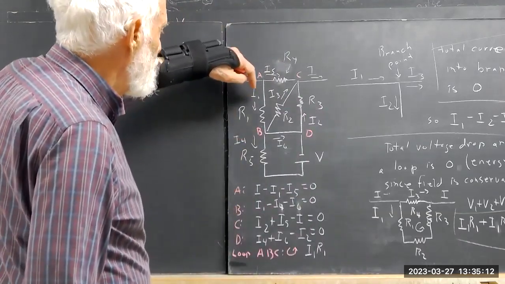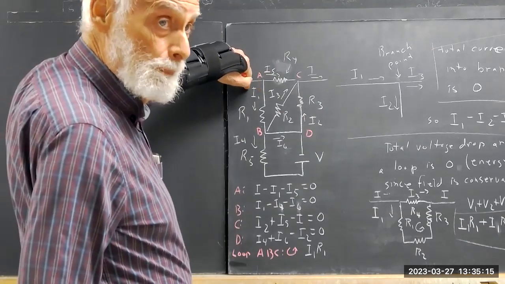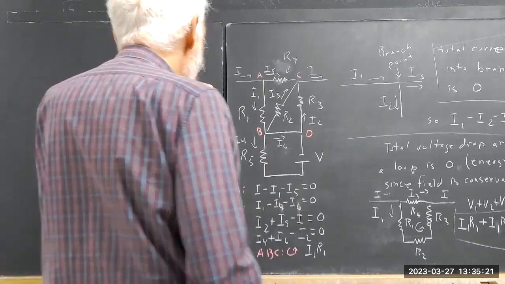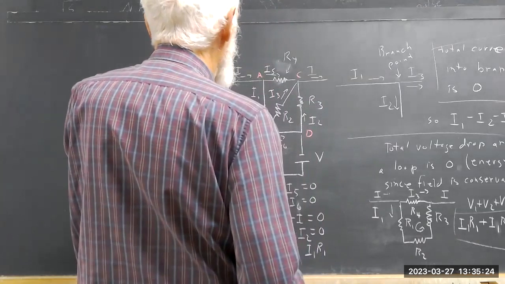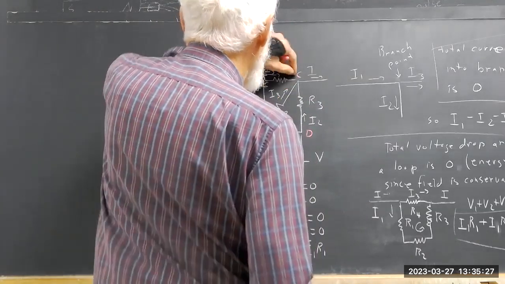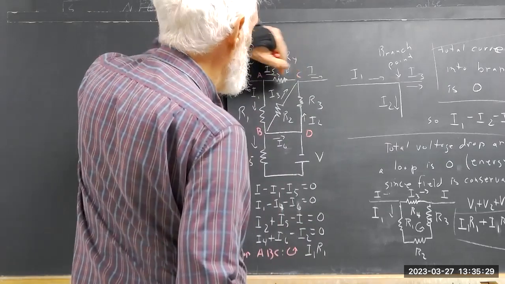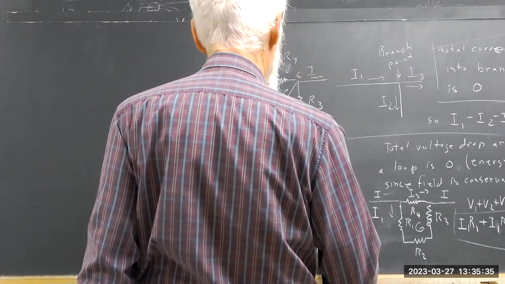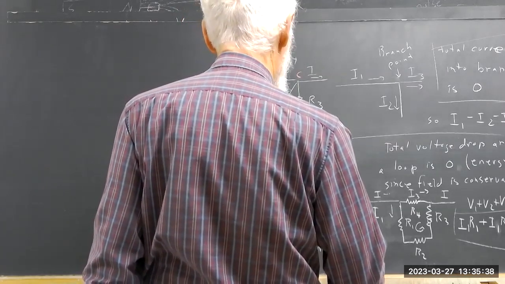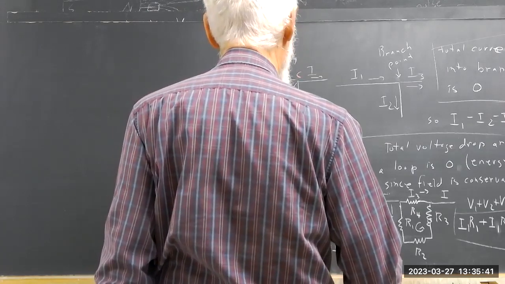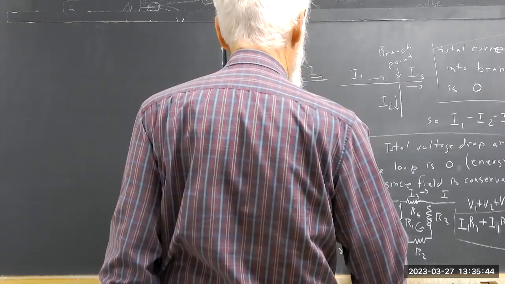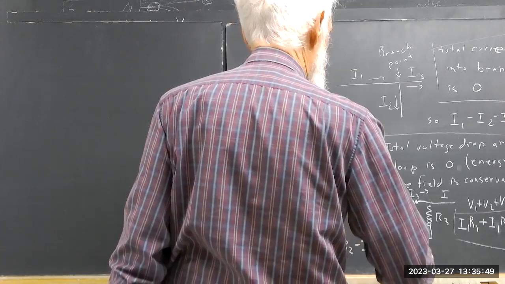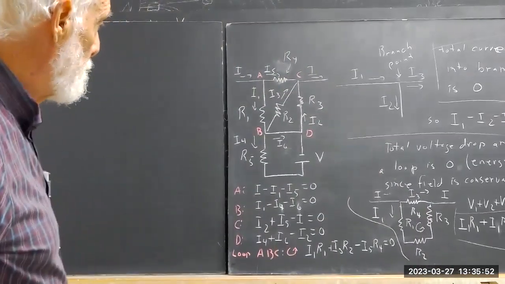My voltage drops according to the way I've drawn I1. My voltage drops from here, then it drops from here to here. Then I have a negative drop from here to here, just like we did before. So we have I3 R2. And then we have minus I5 R4 equals 0.